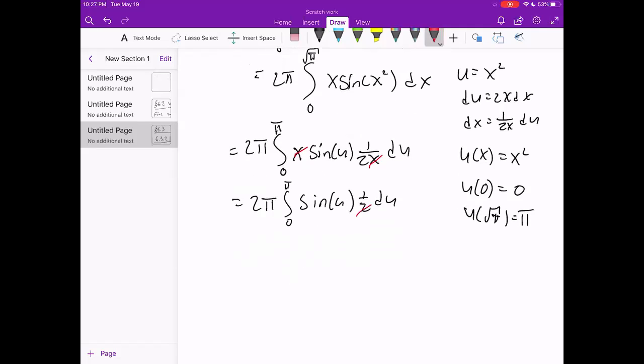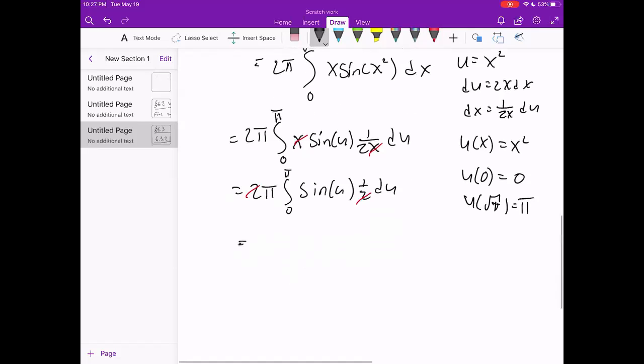Just doing some more simplifications, my 2's go away, so this is pi times the integral from 0 to pi of sine of u du. Now we just integrate this, because I know how to integrate sine. This is pi times negative cosine of u, evaluated from 0 to pi.